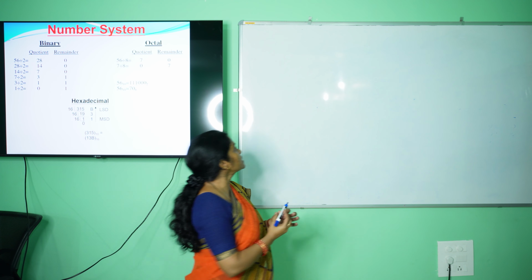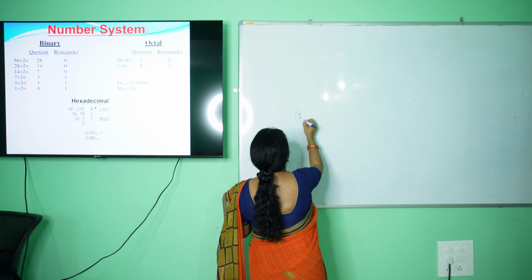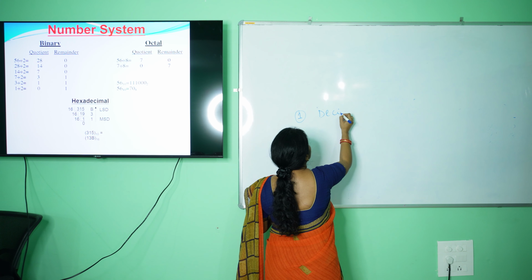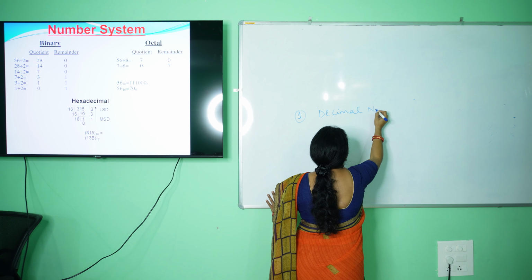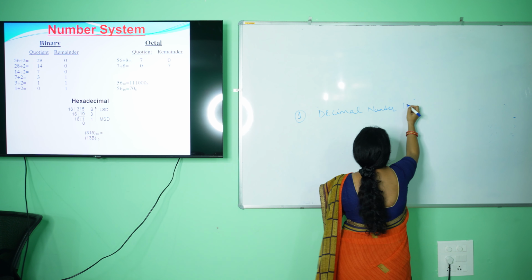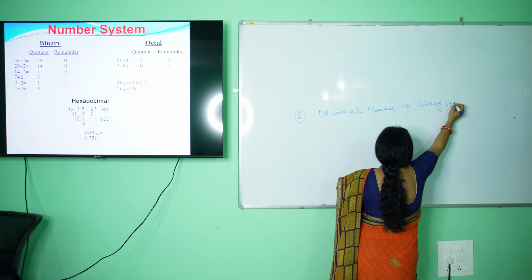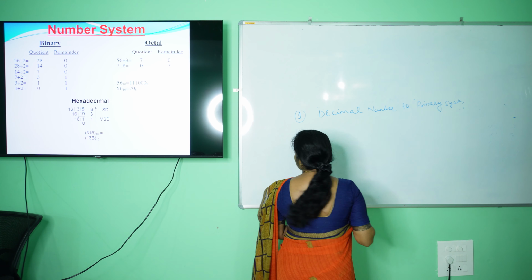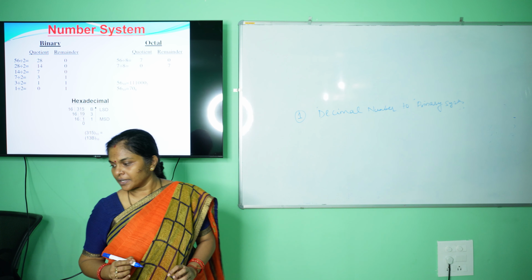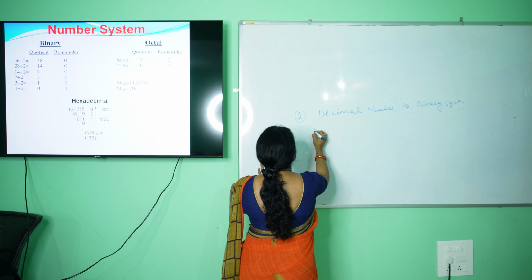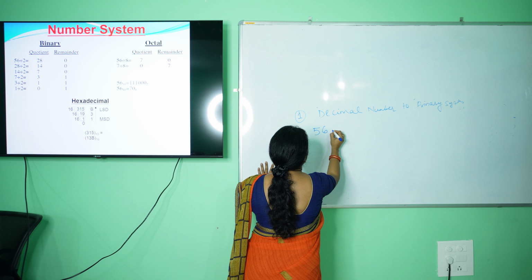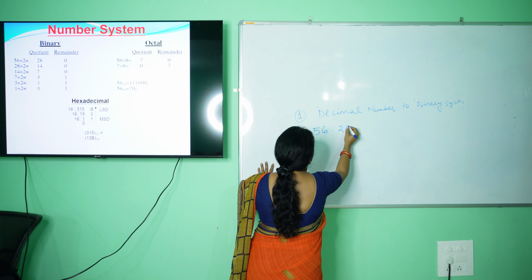So let's start. First one is decimal number system to binary number system. The best example I can give you: let it be 56.25.